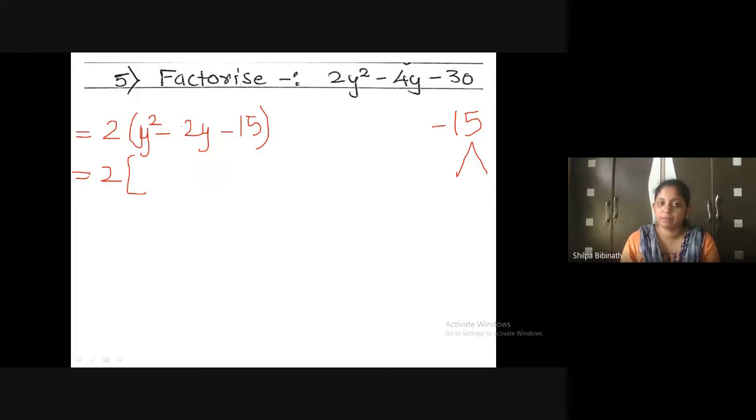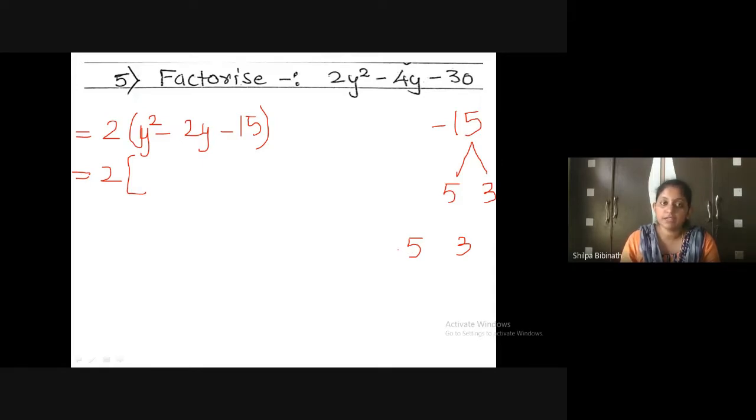First let's see the number. 5 3's are 15, and when we subtract 5 minus 3, we get 2. Now about the sign. 5 and 3 are the factors which we got. You have to subtract, but you should get minus sign. That means two numbers are subtracted, so one will be positive, one will be negative.